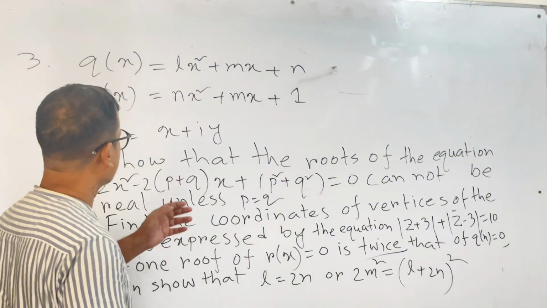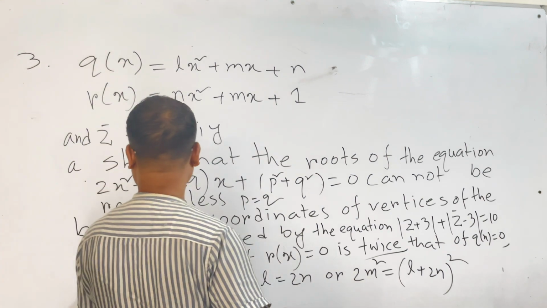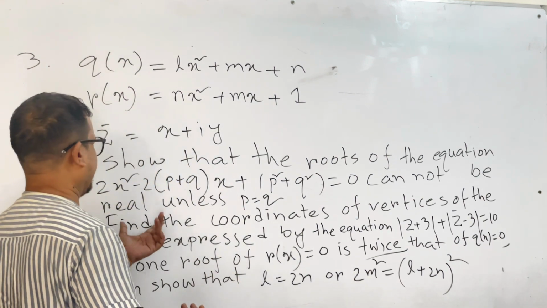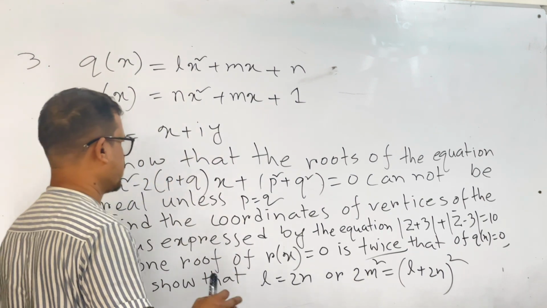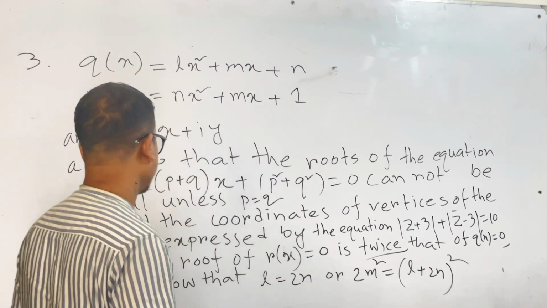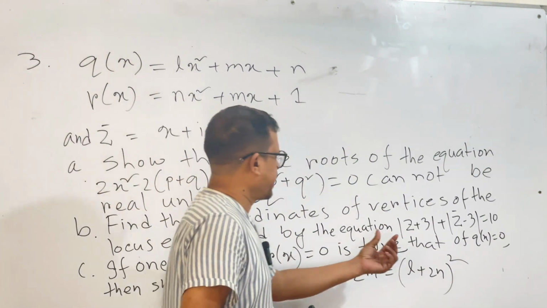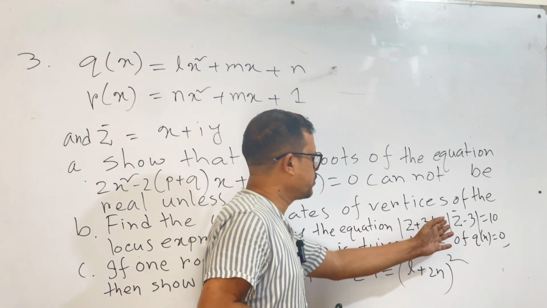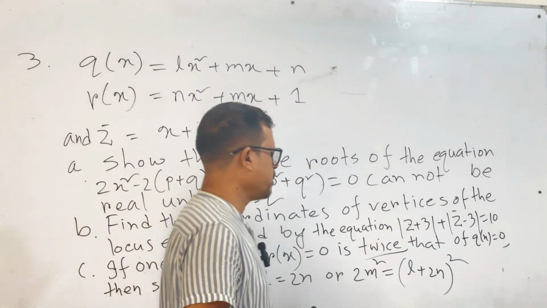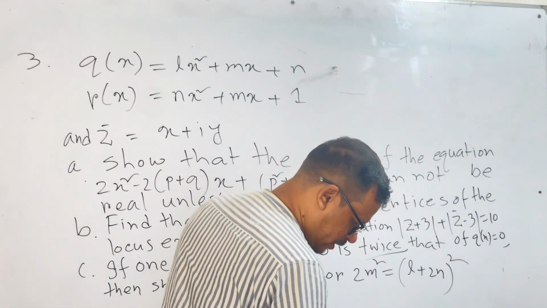Actually, we have to show the roots of the equation can't be real unless p equal to q. And we have to find the coordinates of vertices of the locus. We have to use the equation absolute value of z plus 3 plus absolute value of z bar minus 3 equal to 10.